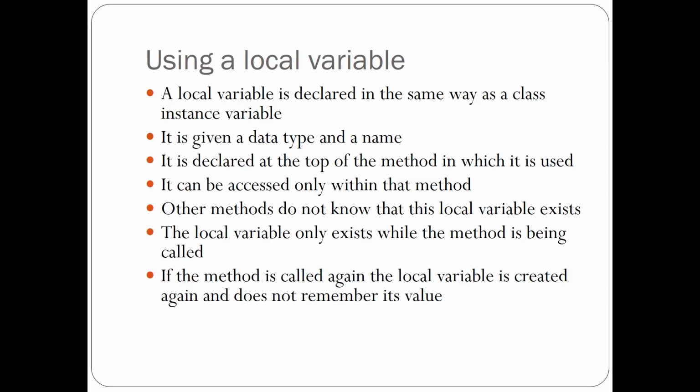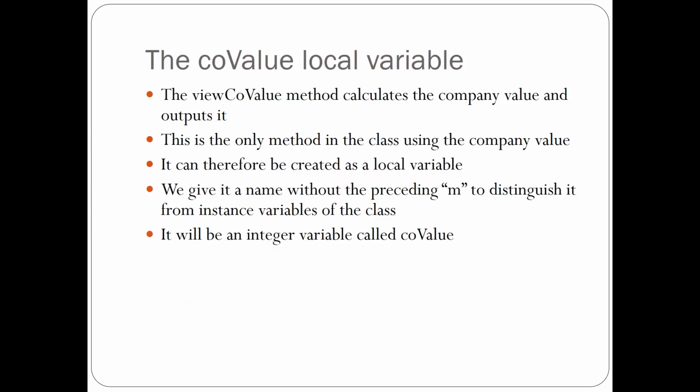The only way we can get that variable back is to call that method again. But when that method stops running, that local variable dies. So it's only used as a local temporary piece of storage, and certainly the value that's in it doesn't get remembered either.